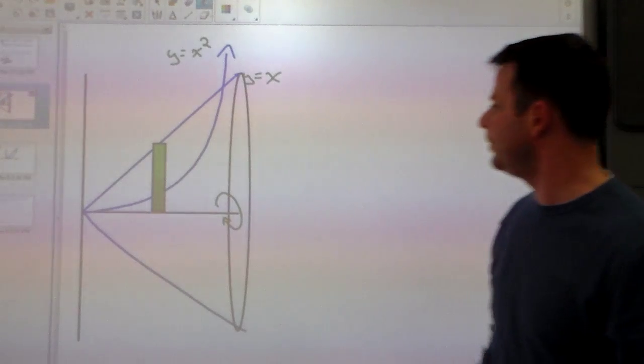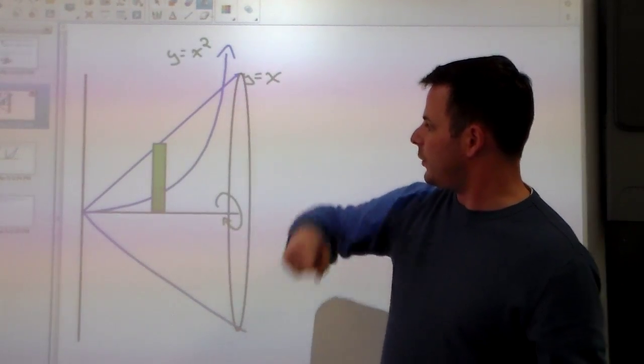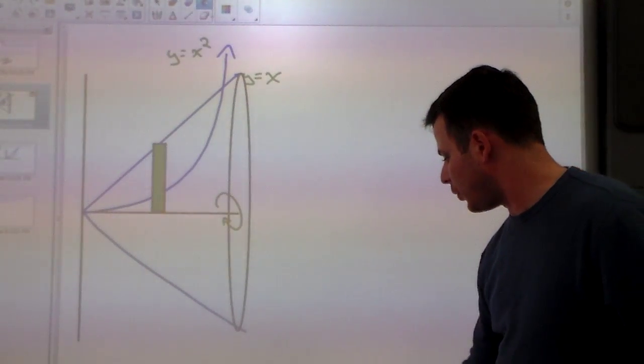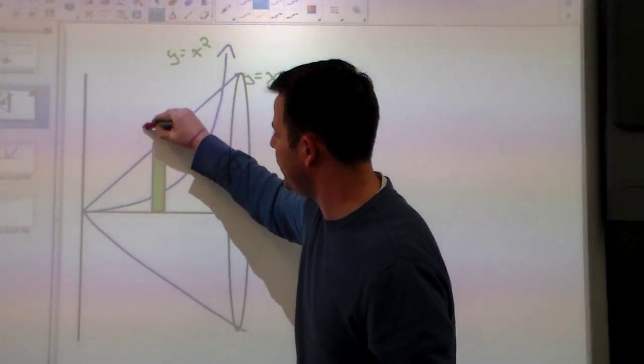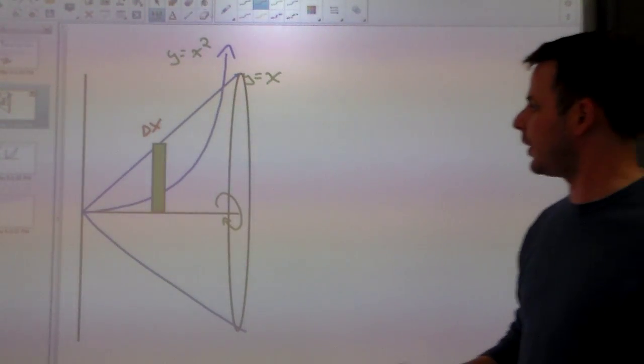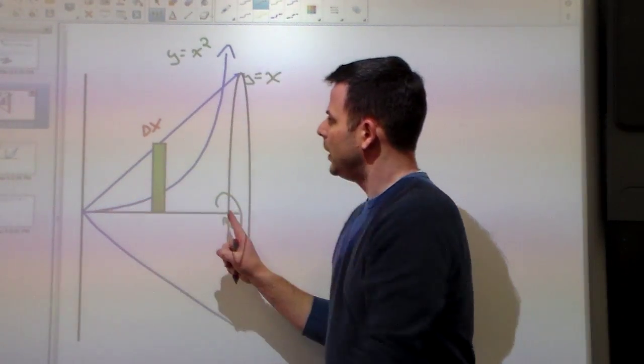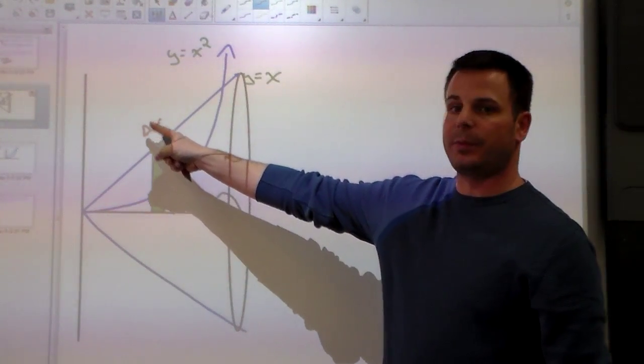Whatever color that is, green. So that representative rectangle, which is being swept out about the x-axis, is creating a solid with a single cross-section that has a width of delta x. That width of delta x tells us that we're using x limits of integration, and we're going to have an integrand with respect to x.